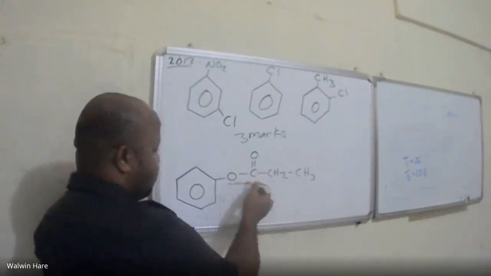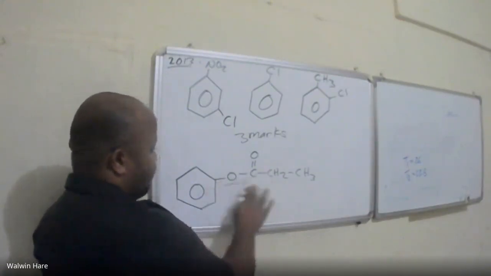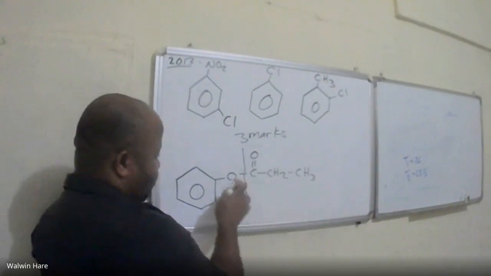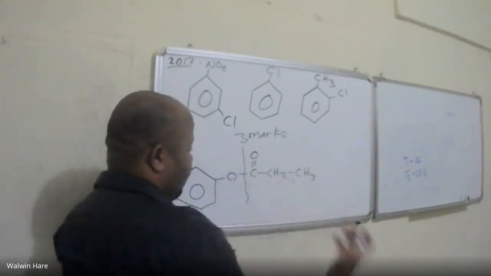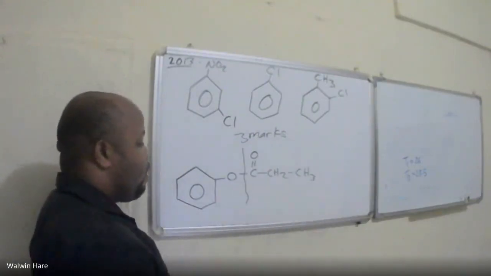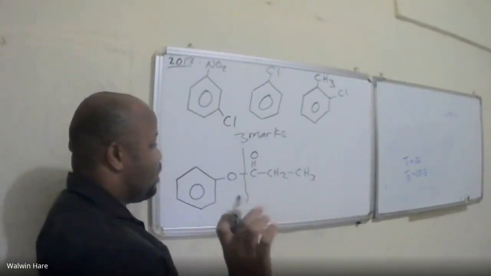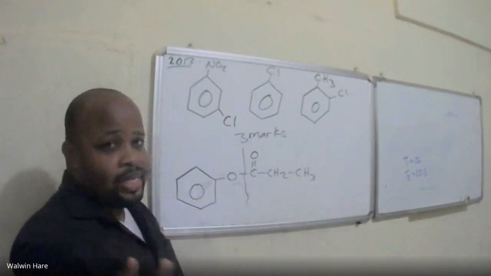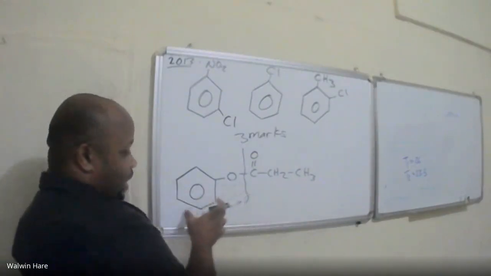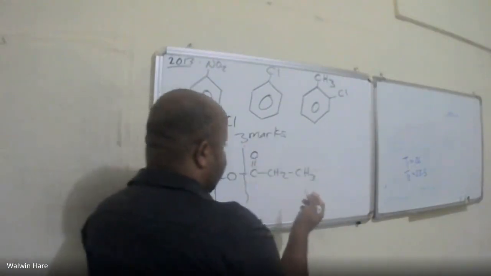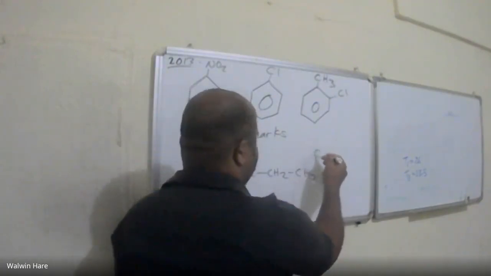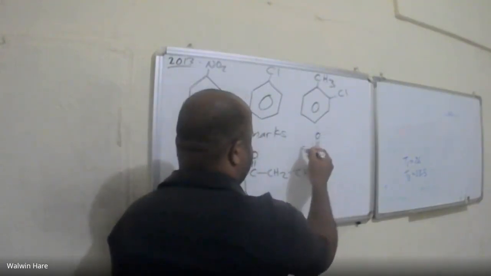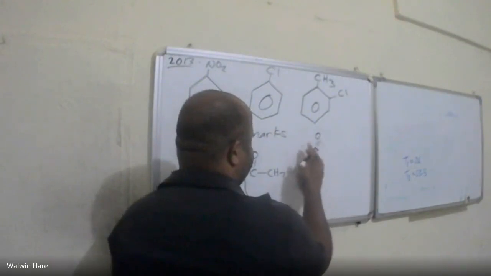I remember we said this was an ester, so this portion over here is the phenol, and this portion, with an ester, it can be a carboxylic acid and alcohol, or an acid chloride. But for phenol, it's just the acid chloride. So this portion here, it's not a carboxylic acid, it's just acid chloride.